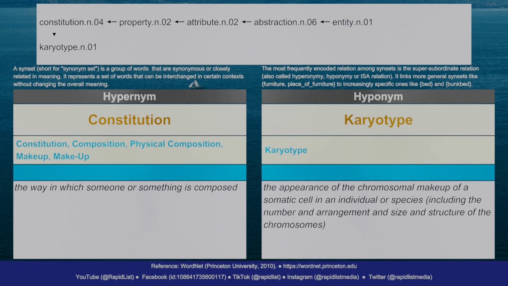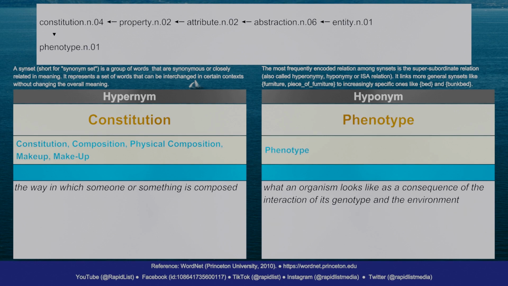The appearance of the chromosomal makeup of a somatic cell in an individual or species, including the number and arrangement and size and structure of the chromosomes. Phenotype. What an organism looks like as a consequence of the interaction of its genotype in the environment.